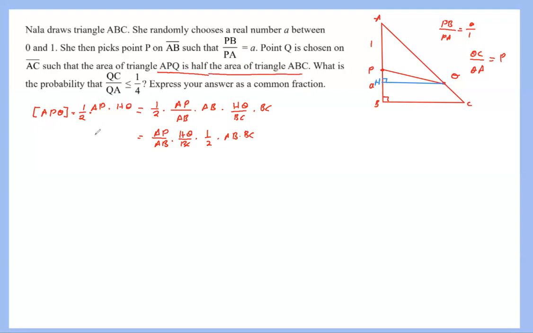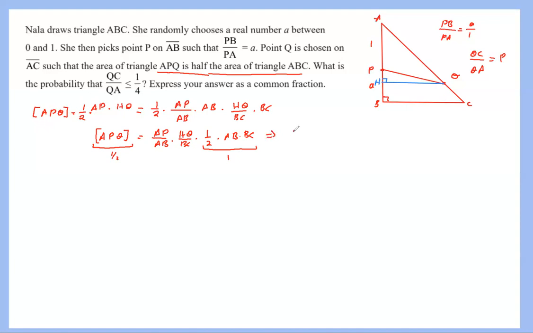So this was the area of APQ. And this AB times BC, you know, AB is the leg of the right triangle, BC is also, if you multiply those and divide by 2, this is the area of ABC. And then we are told this is half of this product. So if I name this 1, then this has to be 1/2, right? So the only way that will happen is if this product is actually 1/2.